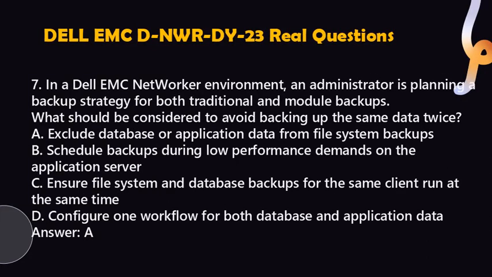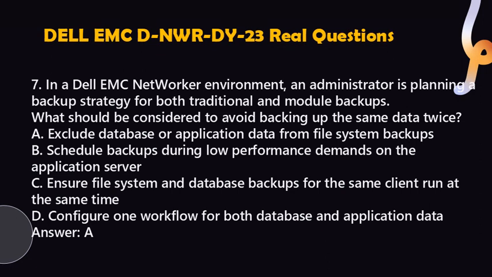7. In a Dell EMC NetWorker environment, an administrator is planning a backup strategy for both traditional and module backups. What should be considered to avoid backing up the same data twice? A. Exclude database or application data from file system backups.